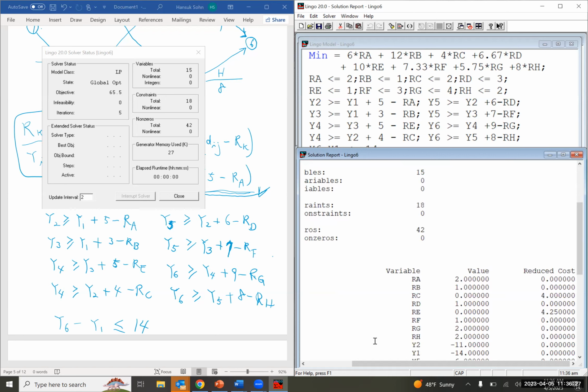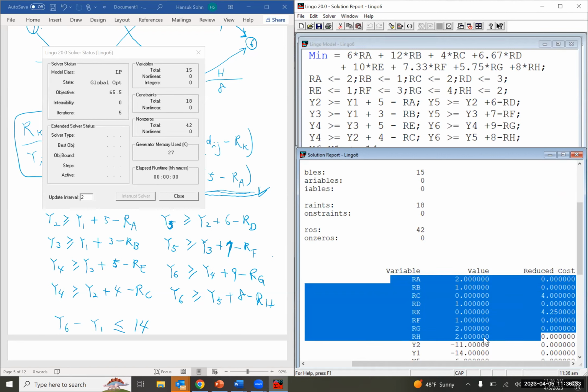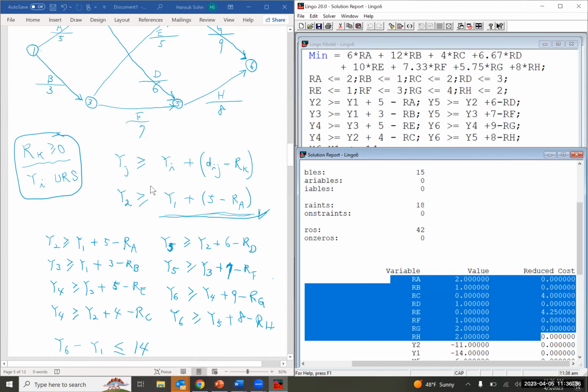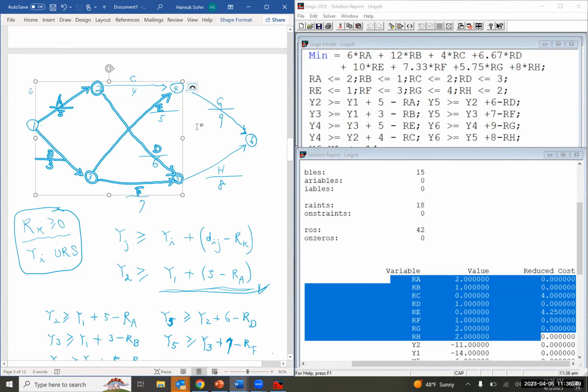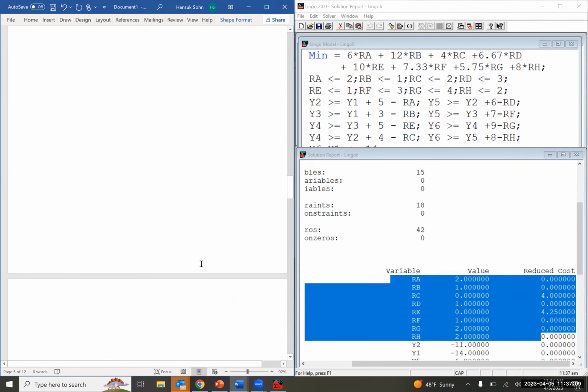And here we have the optimal solution. So let me copy this and paste down here.